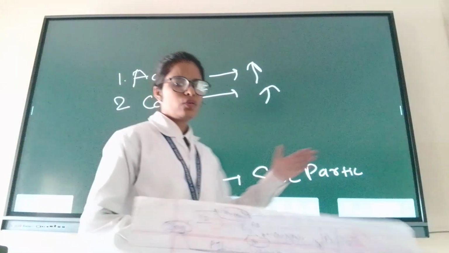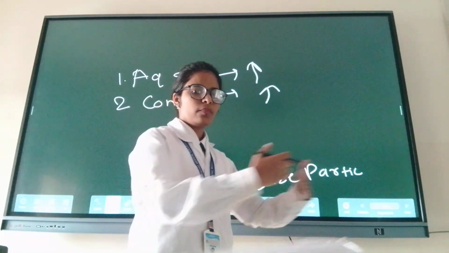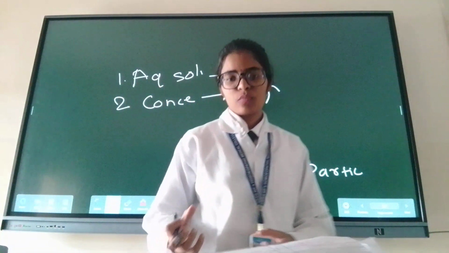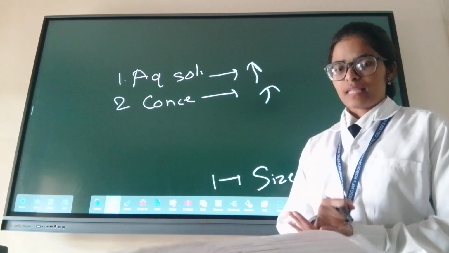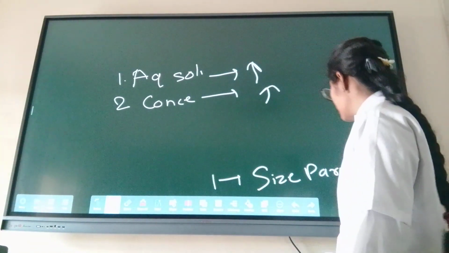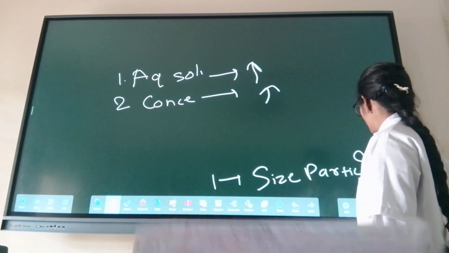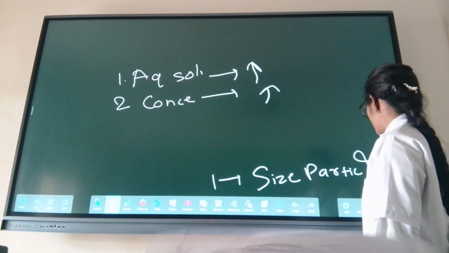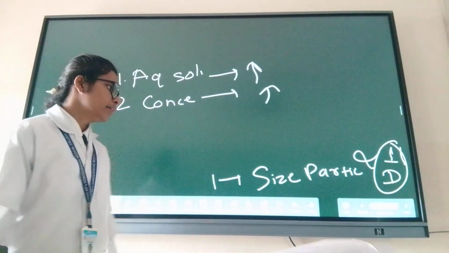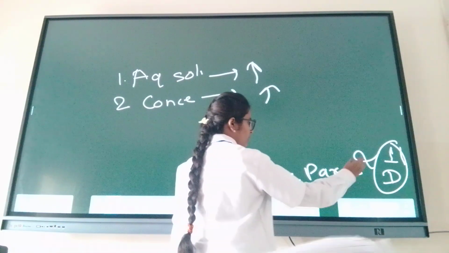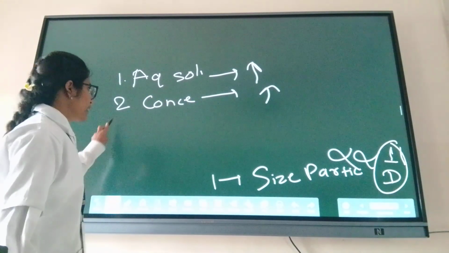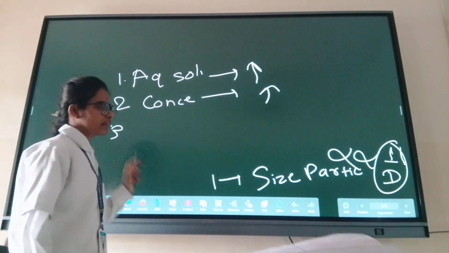It will be difficult to go from the lumen to the bloodstream. The smaller the size of the particle of our drug, the more will be the absorption. So it is inversely proportional. This is the inverse sign, and the other is the directly proportional sign.